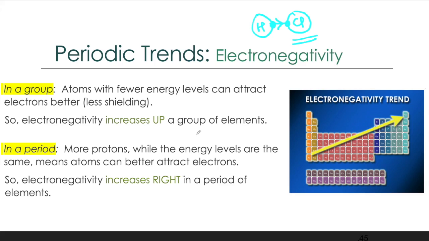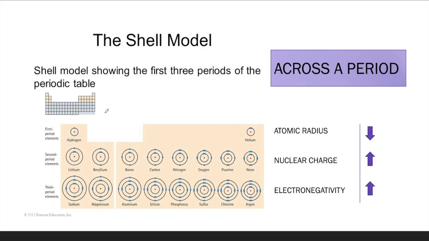Now, the trend that we observe for electronegativity, what do we notice across a period? Across a period, when we go from lithium to fluorine, each atom gains one proton and one electron. So the number of energy shells remains the same, and the nuclear charge is increasing, as we have seen in the previous slides, due to which the electrons in the outermost shells are more strongly pulled towards the nucleus.